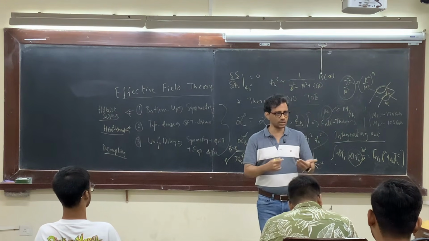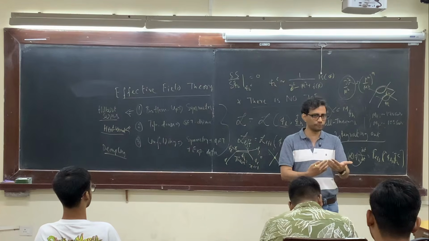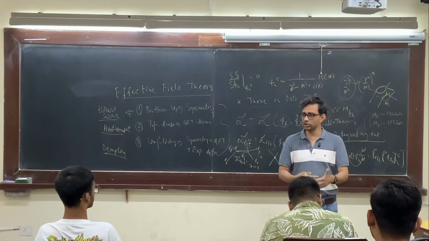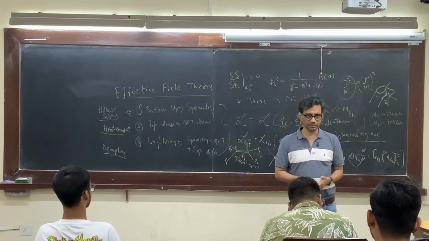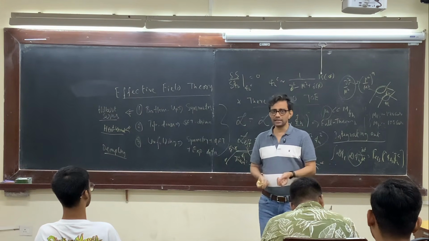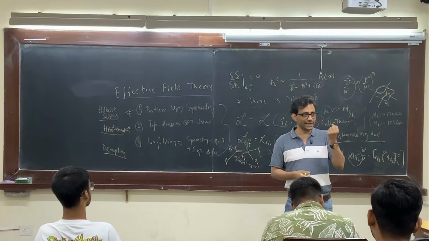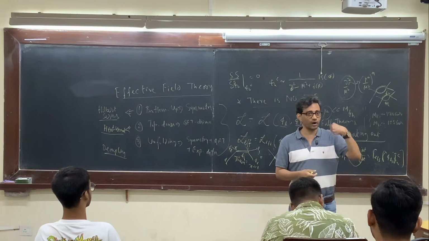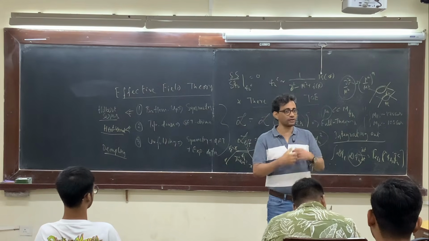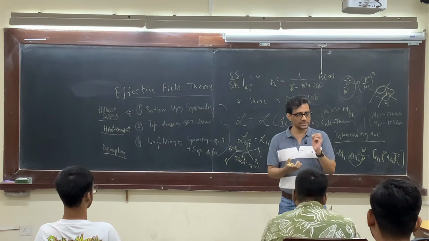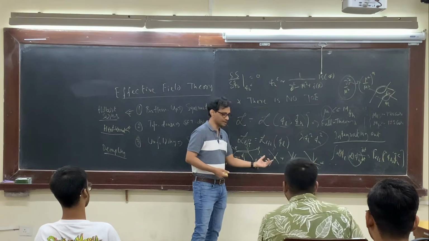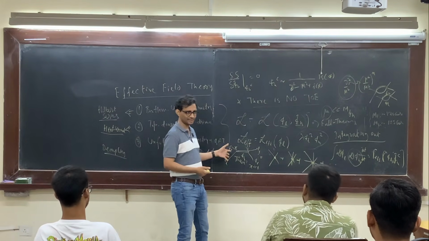But that is not the complete story for searching for new physics, because at the end of the day we need to know what the new physics is. From the effective field theory we get that there is some new physics captured in them, but what it is exactly we do not know yet, right? So that's what the unfolding does. What does it tell you? In a symmetry-driven way, you do the reverse engineering from the right hand side to the left hand side.